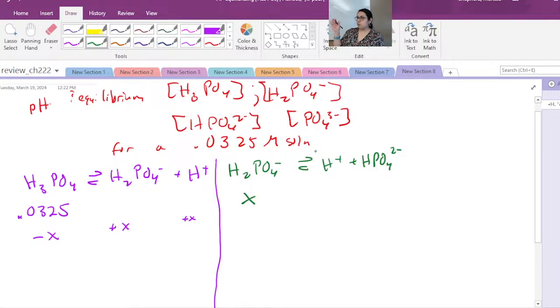Like we did before, let's call this second dissociation y. So now this is minus y, plus y, plus y. But this isn't really the only H plus we have, so we have to add in plus y over here, but we had x over here initially. All right, now this looks okay.